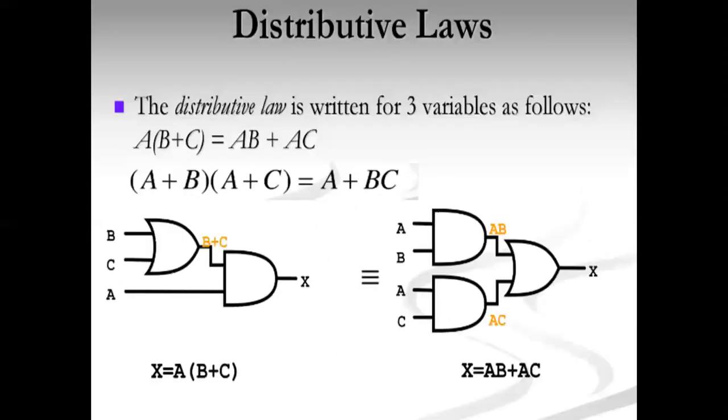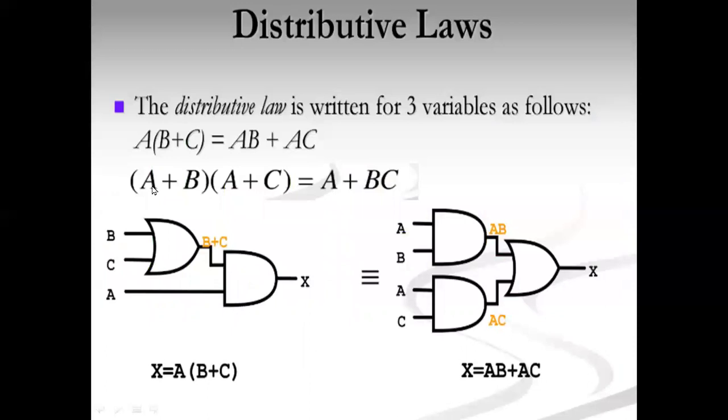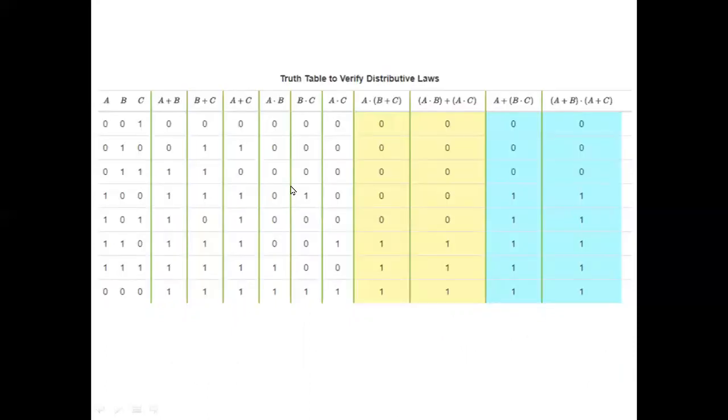Next, the distributive law: A(B plus C) is equal to AB plus AC, and A plus (B dot C) is equal to (A plus B) dot (A plus C). Here you have three variables, so try to perform all the operations that we have in the equations and try to prove it this way.